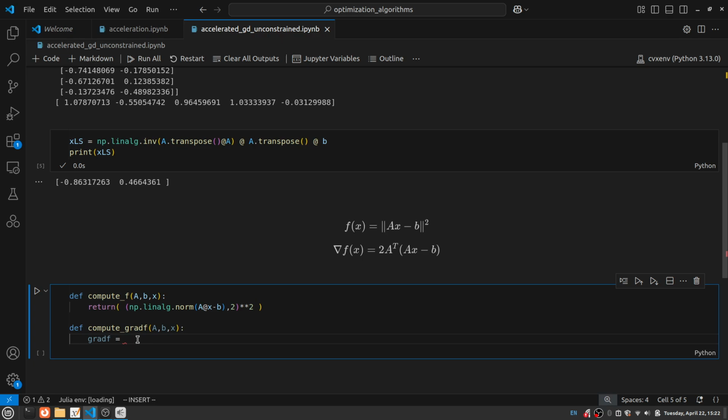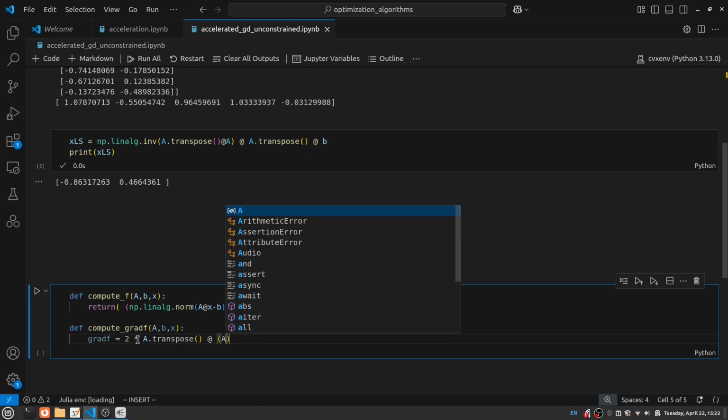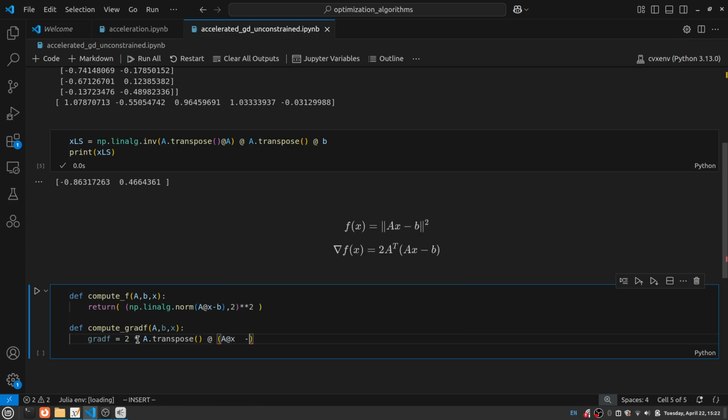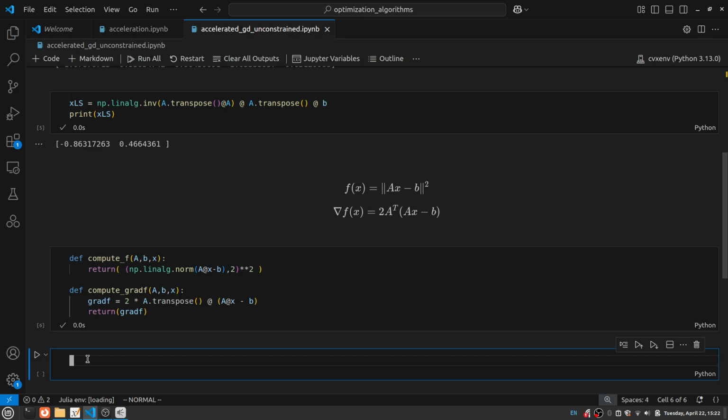Yep, so it's 2 times A transpose A x minus 2 A transpose b. So this is 2 times A transpose (Ax minus b). Okay, fine.